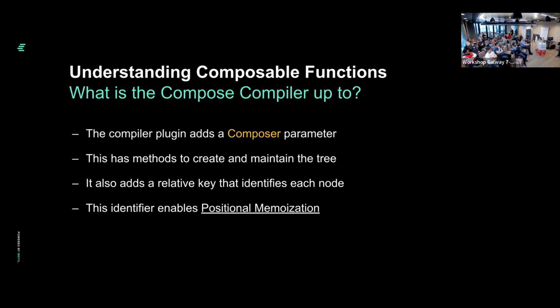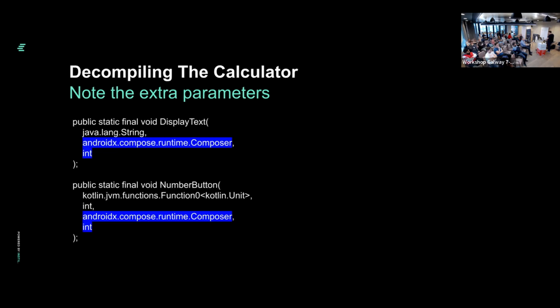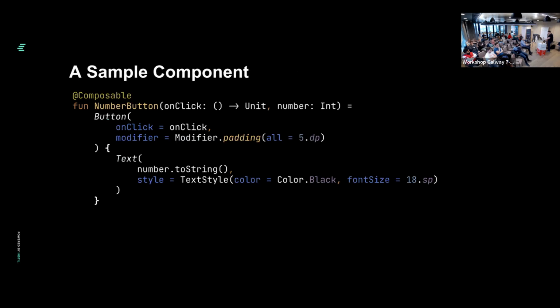And then it also adds this integer. The integer represents a relative key. It uniquely identifies each node. In other words, let's say we've got our calculator. We're going to need many number buttons, from 1 to 9. Each of those is going to be generated by a call to this function, but each of them is different. Each of them will hold a different number, you could push a different one, you might want to make them different colors and so on.